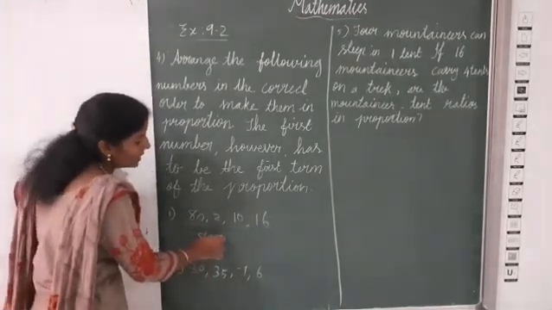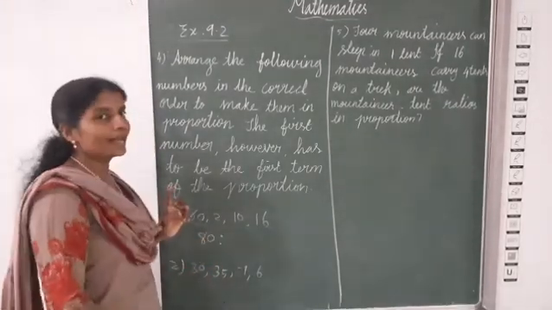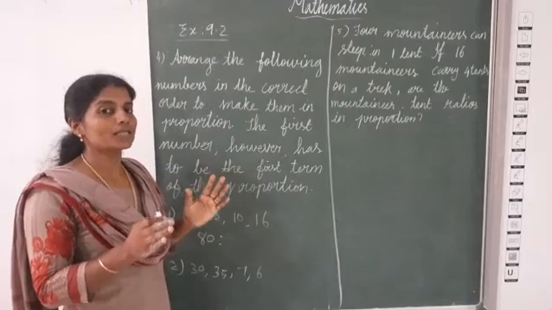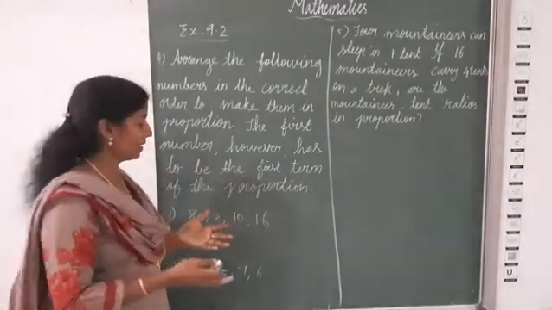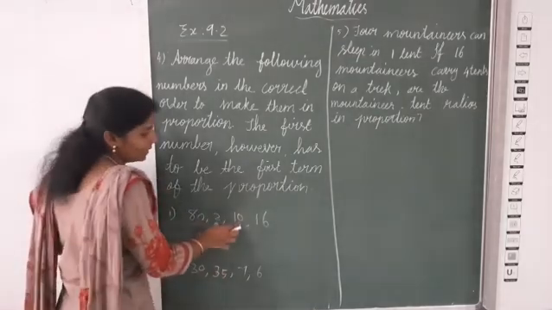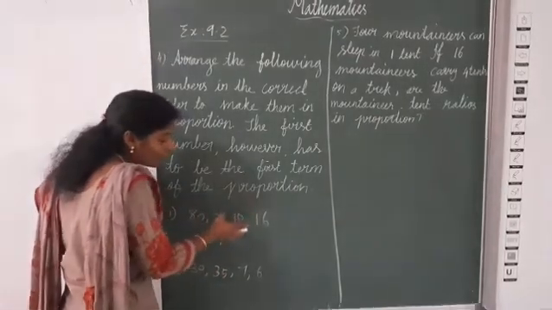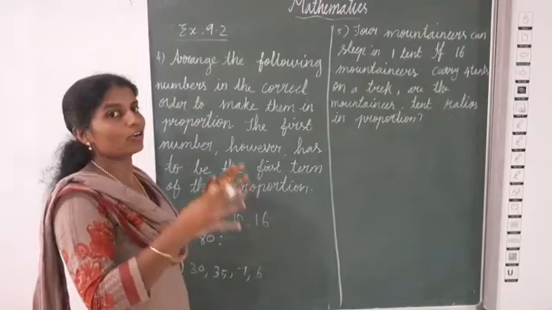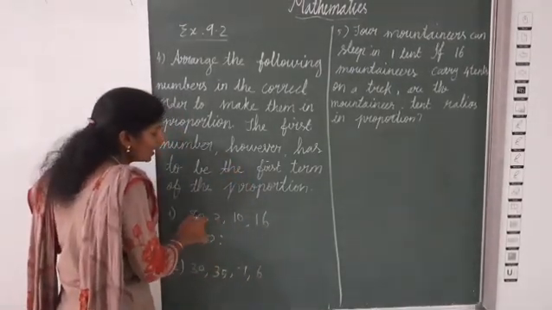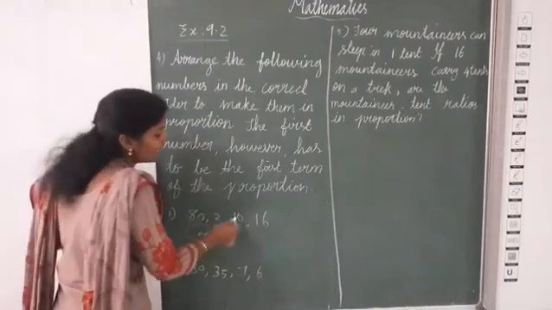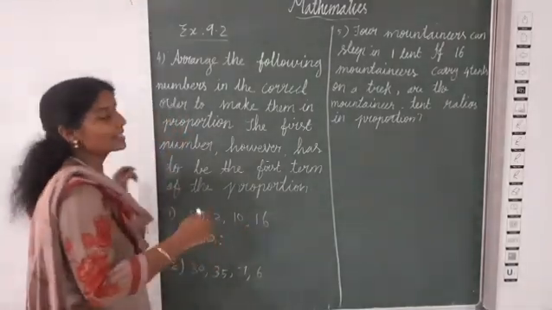80 is to, now listen here, product of extremes is equal to product of means. Now mean means middle, isn't it? Now we can change the numbers. We need product of means is equal to product of extremes. Now here 80 into 2 is equal to 160. 10 into 16 is equal to 160.